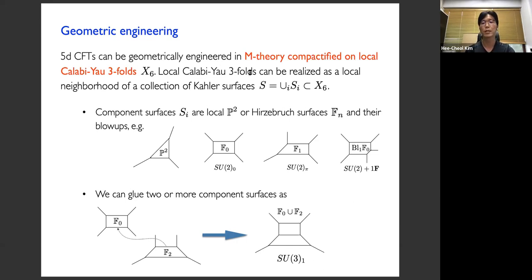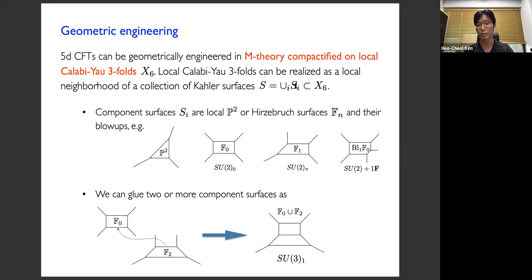This local Calabi-Yau threefold can be realized as a local neighborhood of a collection of Kähler surfaces like this. So here S_i are the component surfaces. We collect all these component surfaces together to form a bigger Kähler surface, and embedding them into the Calabi-Yau threefold and taking the decoupling limit in M-theory, we can engineer 5D SCFTs.